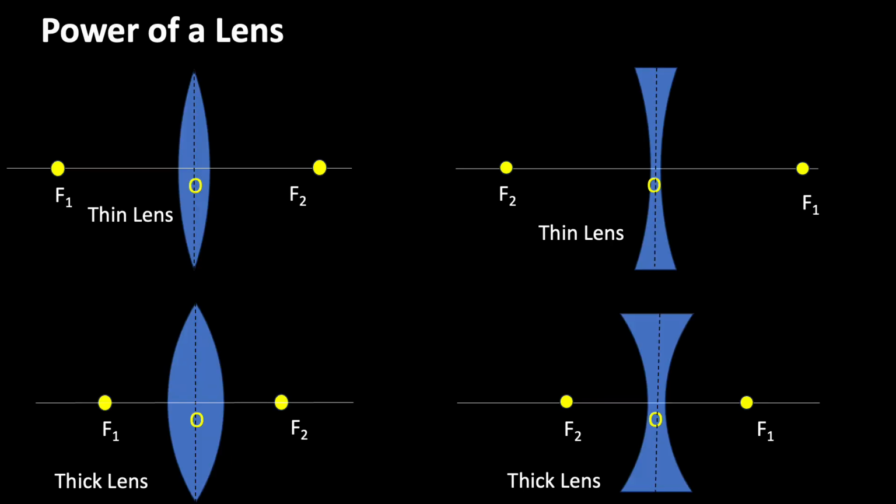Let's discuss power of a lens. On the top we have thin lenses and at the bottom we have thick lenses. Now let's draw some principal rays.